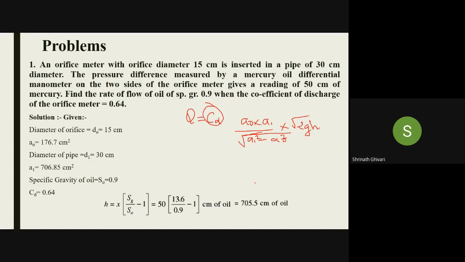As I have told you, the g value is 9.81 meter per second square when it is in meter. But in centimeter per second square, it will be 981. Right? So substitute and let me know the answer first.